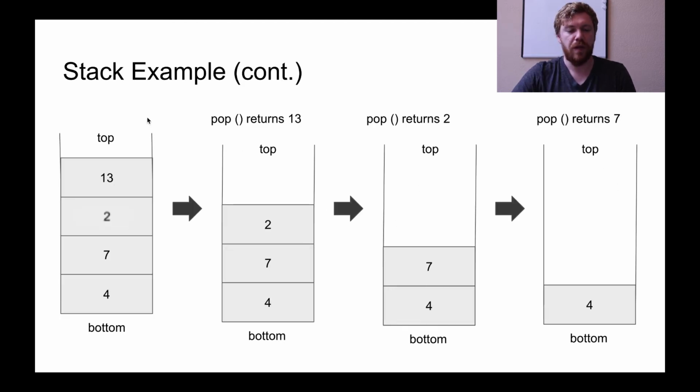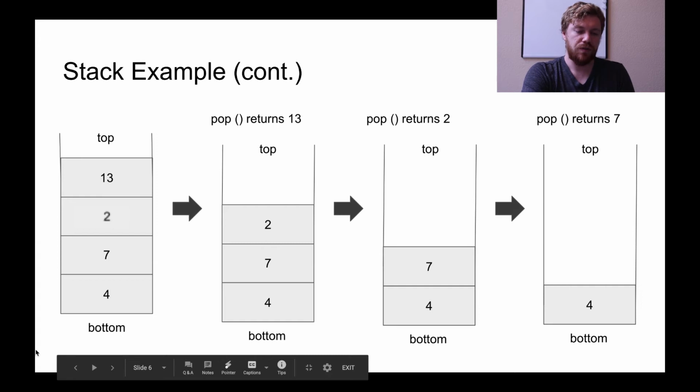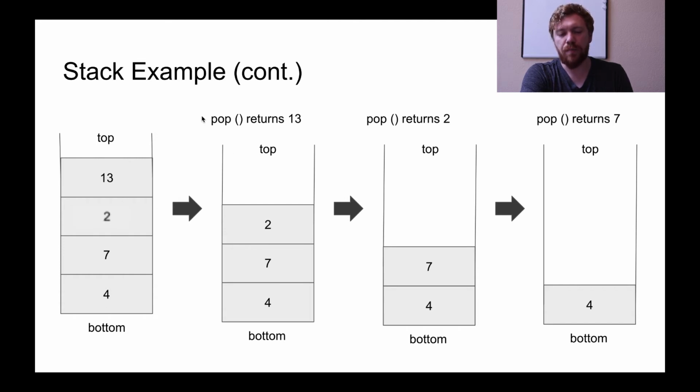And then looking at the pop function, or method, or operation, whatever you want to call it. So here's the starting stack. You'll notice it's the same one we ended off with before. If we run the pop operation, notice the pop operation does not take an input. The reason it doesn't take an input is because it only ever will remove the top of the stack. And so we run pop, and what it will return is 13, because 13 is what was at the top of this stack. We run pop again.